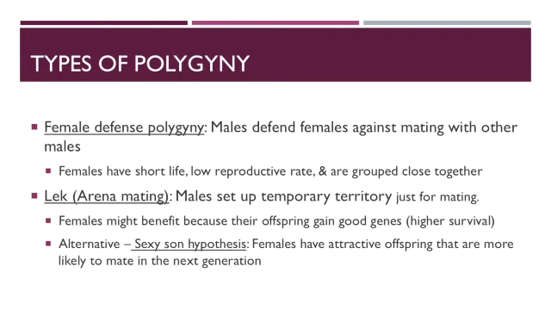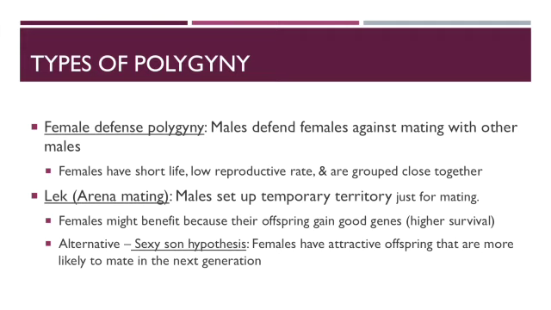In many species, females may hatch from a pupa, mate once, lay eggs, and die. So they may have a limited ability to produce eggs, such as once, and the females are grouped close together. Maybe they live in small ponds or in nests that all hatch around the same time. Males can sit and guard those nests or pools, and that way they can get most of the matings. So that's female defense polygyny.